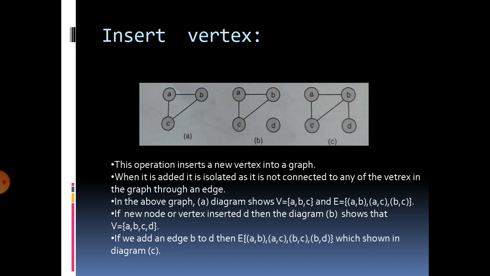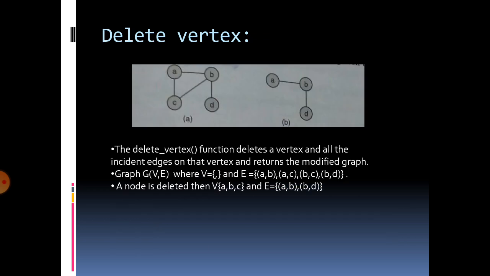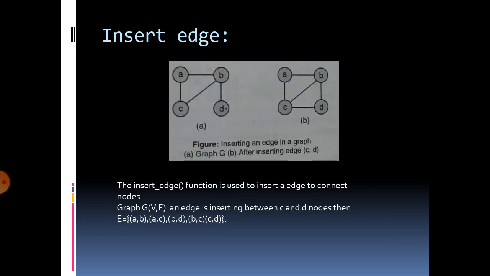So while inserting a vertex, we have to connect it with an edge to the existing graph. Here diagram D has a connecting edge; before that, it looked isolated. So while inserting a vertex, we need to insert an edge.